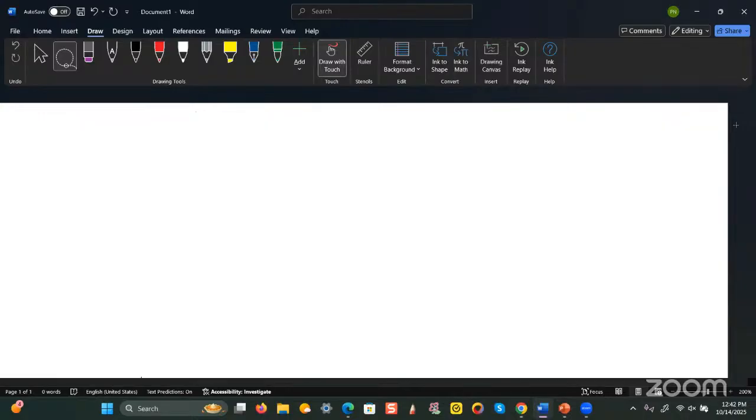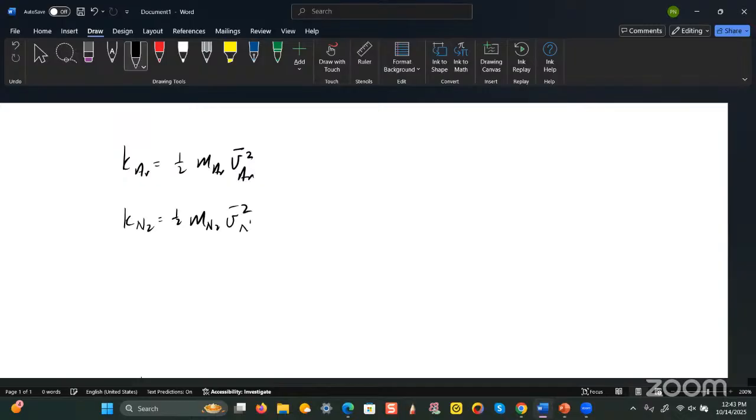So as I was saying, the kinetic energy of argon will be equal to half the mass of the argon atom times the mean squared speed of the argon atoms, and something similar is true for nitrogen: half m N2 times the mean squared speed of N2.